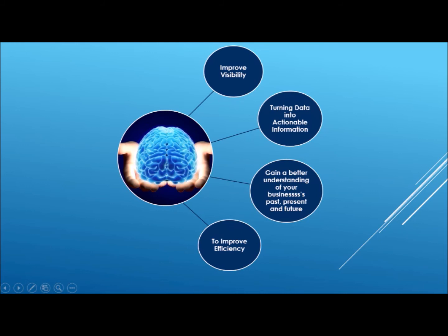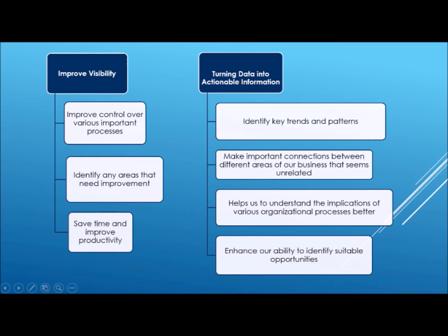The first one is improve visibility. It can improve our control over various important processes and help to identify any areas that need improvement, and also save time and improve productivity.